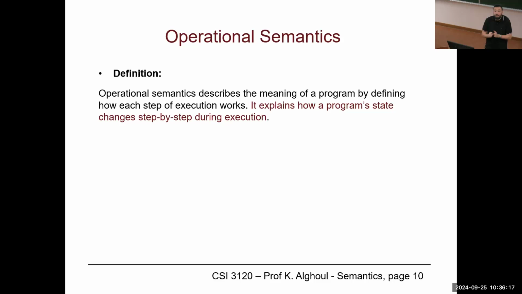So for the operational semantics, what you care about is that it explains how the program state changes step by step during execution. The way the rules are written is, let's say I have a for loop with a condition and a statement to do. It's going to say, okay, the word for means this, the do means that, and it's going to go step by step on each line of the code and check what the state is.